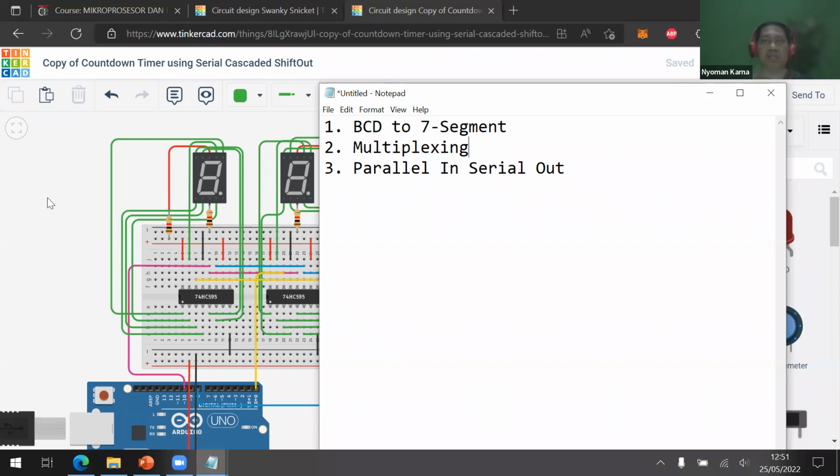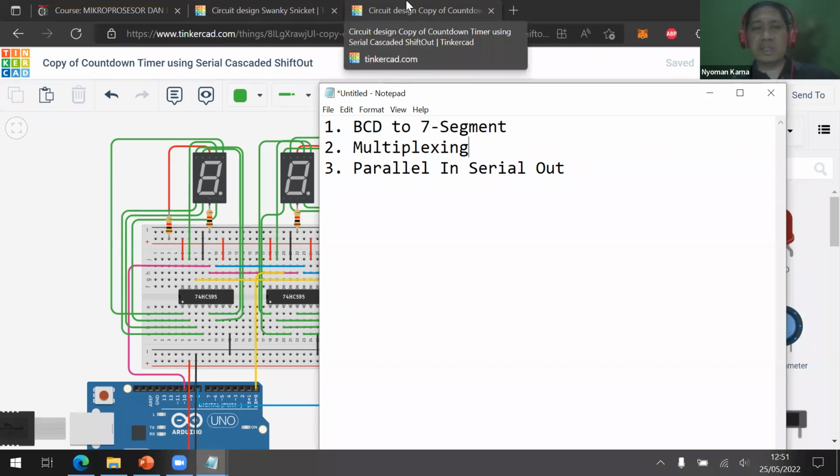But the switching is very fast that our eyes cannot distinguish between it's on and off. It's just like both of them are on. That's what we call multiplexing. You can find the multiplexing solution in my circuit. You can just try to search in my circuit.